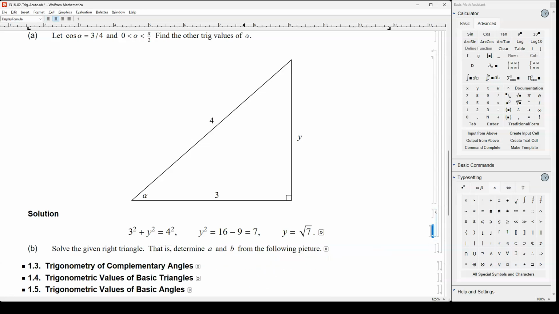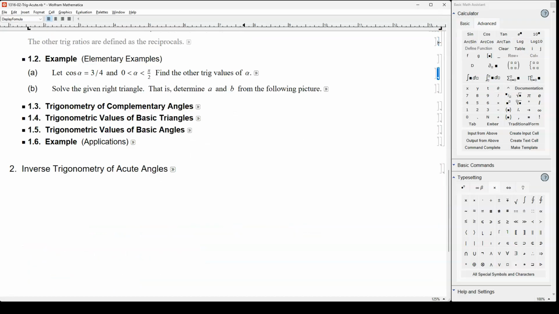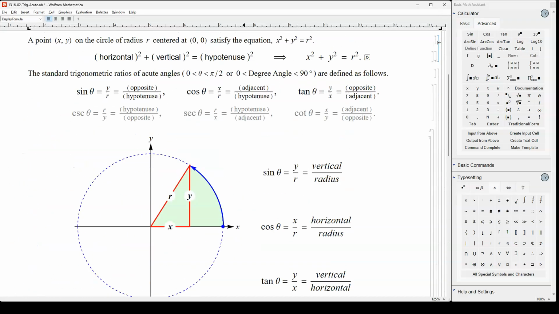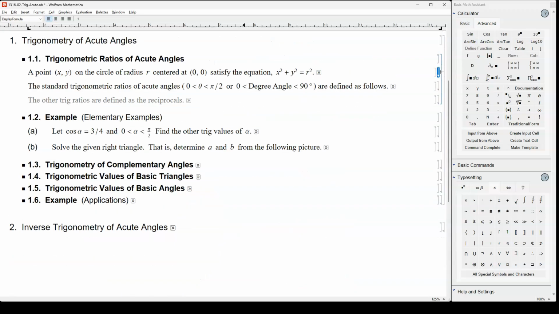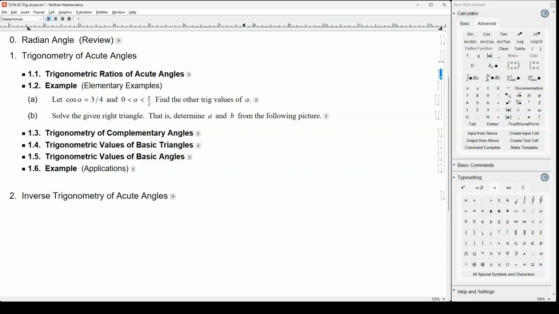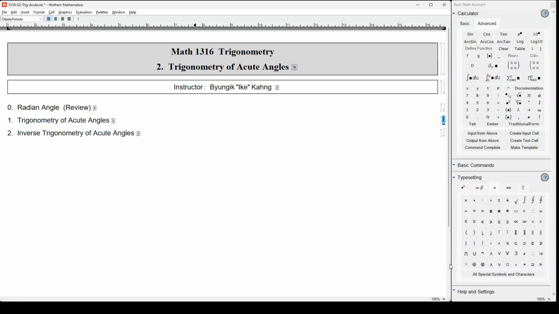I have many problems like this in Pearson MyMathLab, and also in handwritten exercise set as well. So go ahead and review those. Now, enough time for another problem here. Not enough time, so let's stop here, and we'll revisit this problem in the next video.